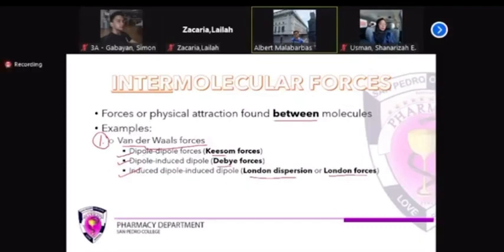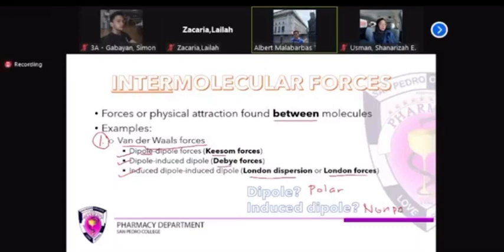Now, you may wonder, what do we mean by dipole and induced dipole? When we say dipole, it refers to a polar molecule. When we say induced dipole, it refers to a non-polar molecule.